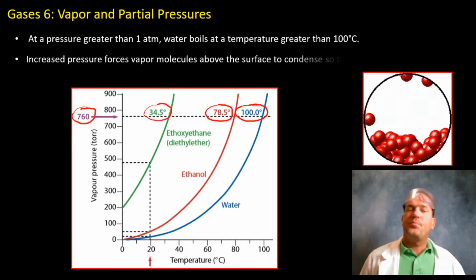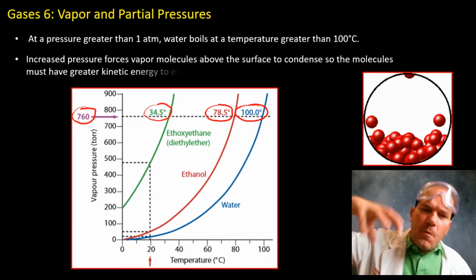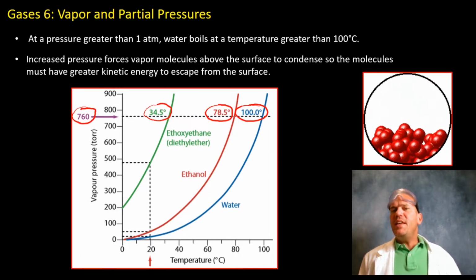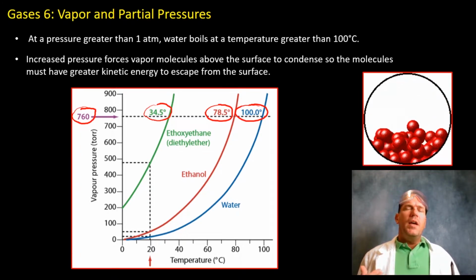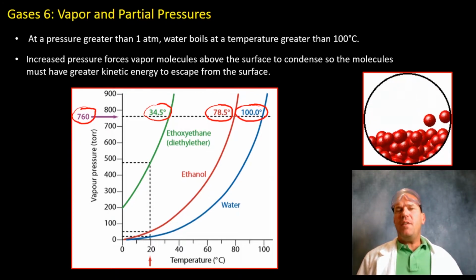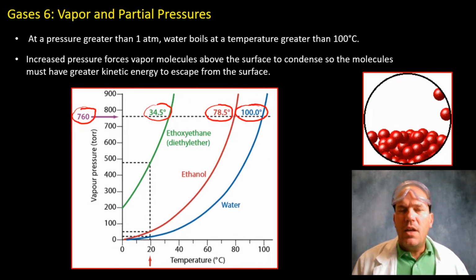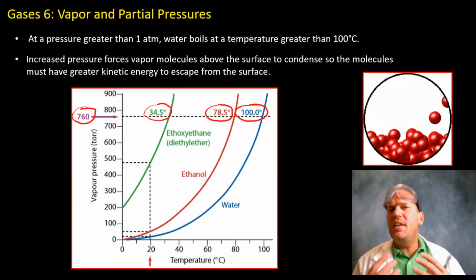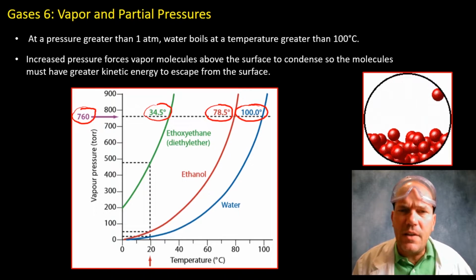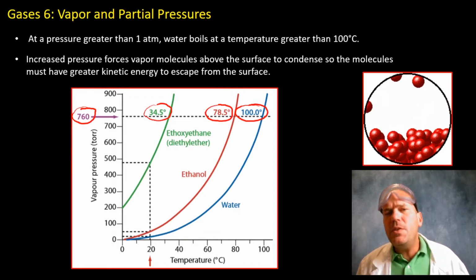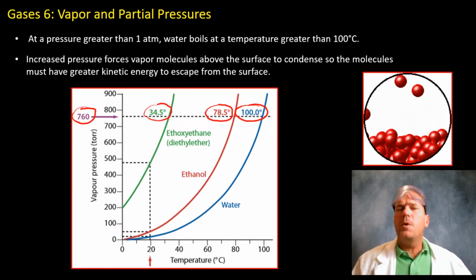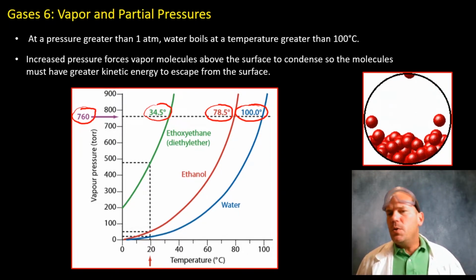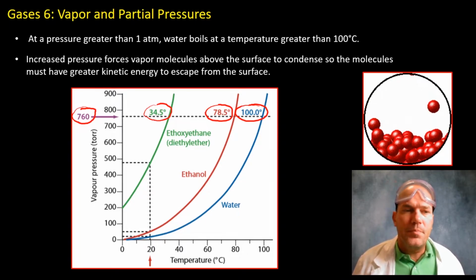Increased pressure, again, forces those molecules on the surface to condense. In other words, molecules must have enough kinetic energy to escape, and we called that a threshold, or E naught, that minimum amount of energy required. And we've also seen this animation before of a substance having enough energy to escape into the gaseous form, all right?